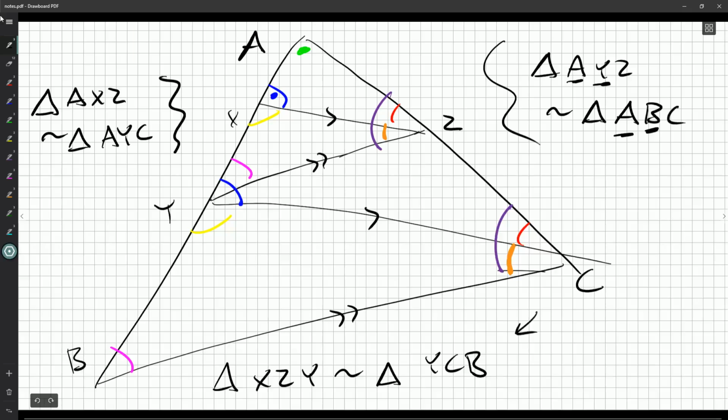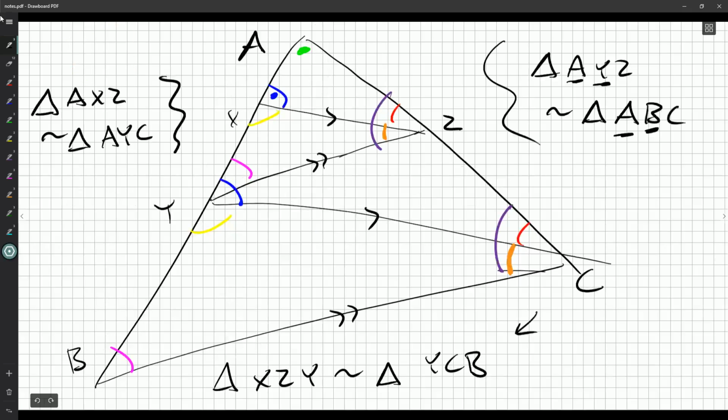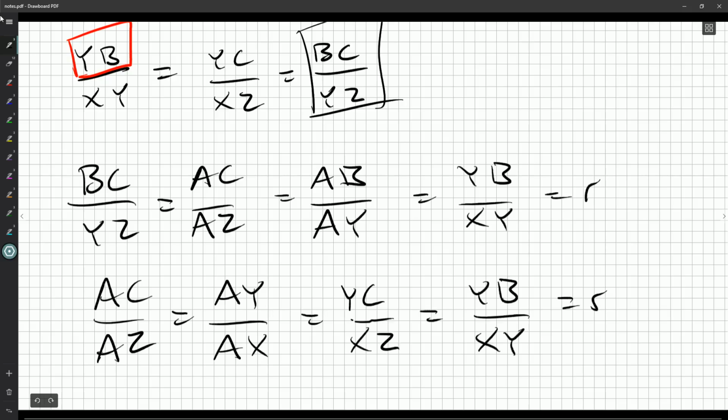So AY is over AX. And then YC over XZ. And so therefore this is also YB over XY. So we get the same ratio everywhere. We could even call it R.